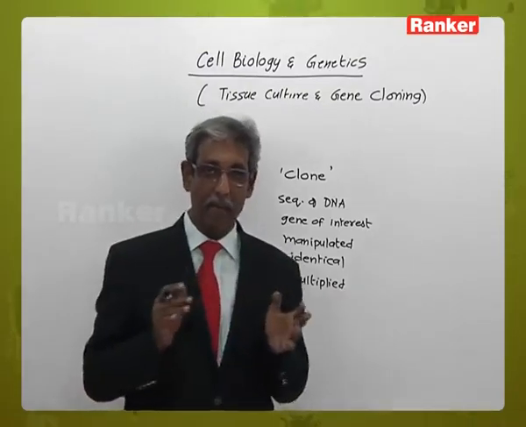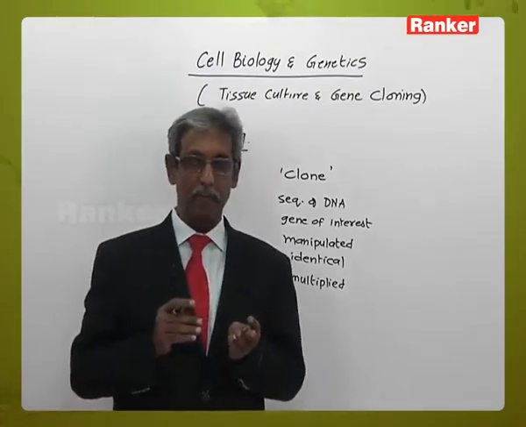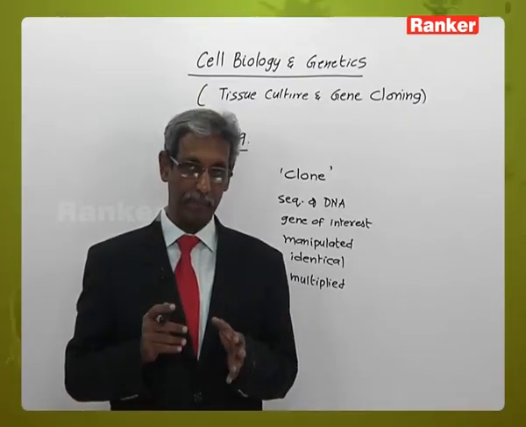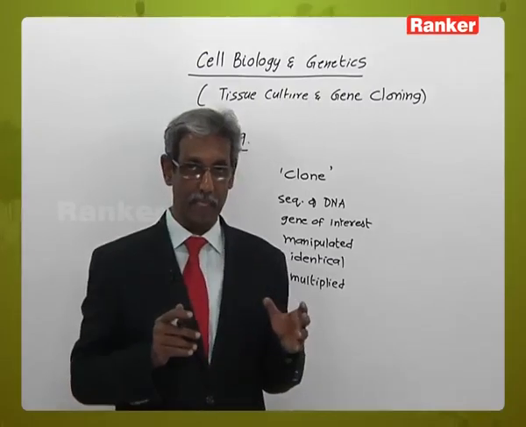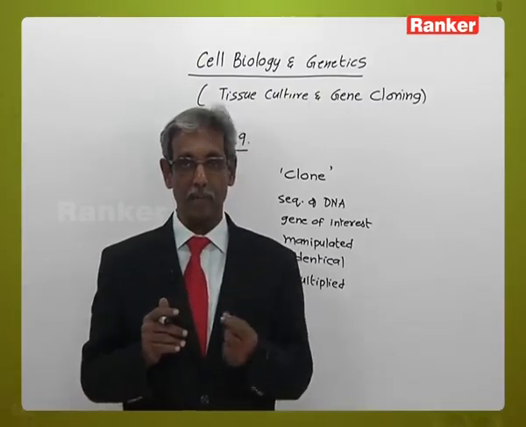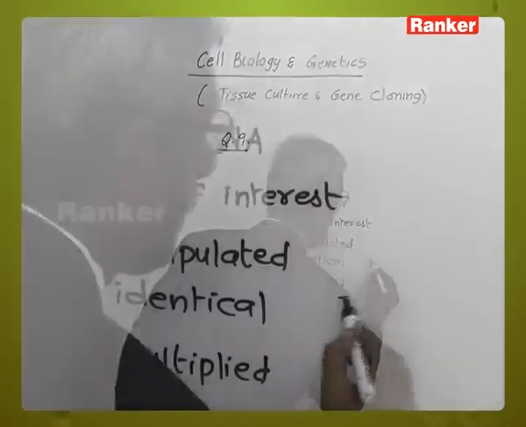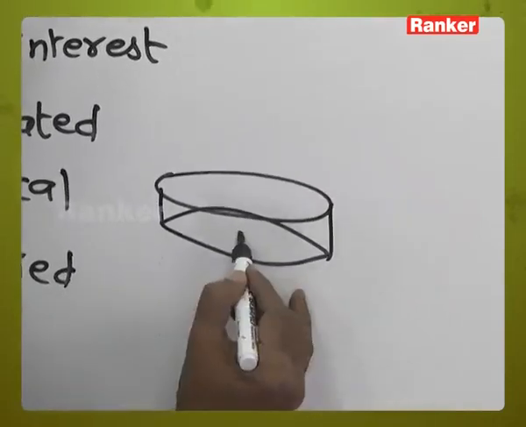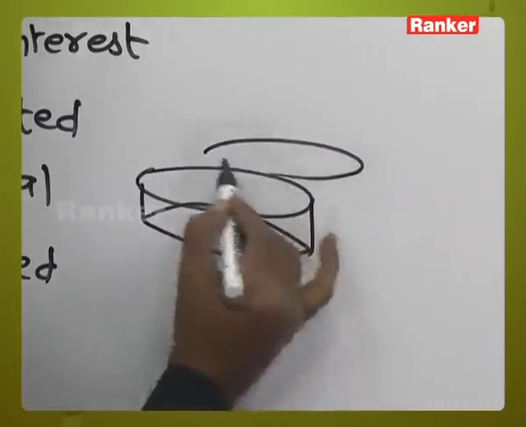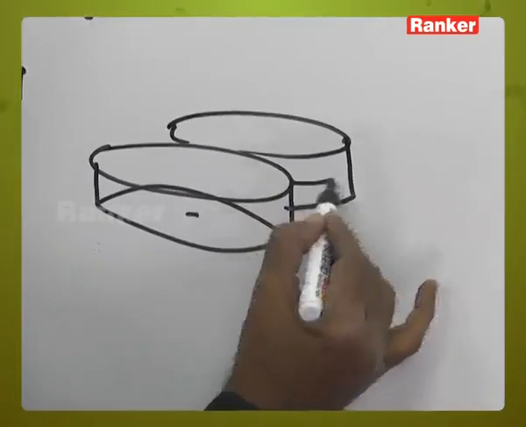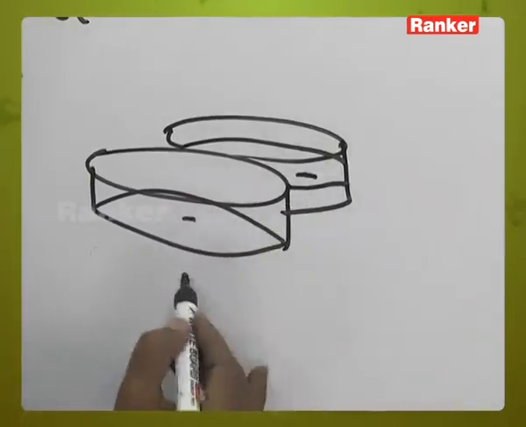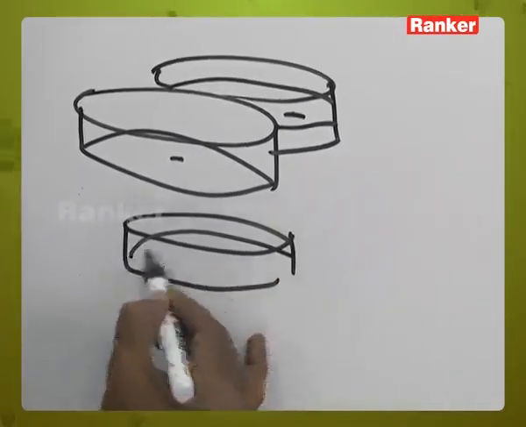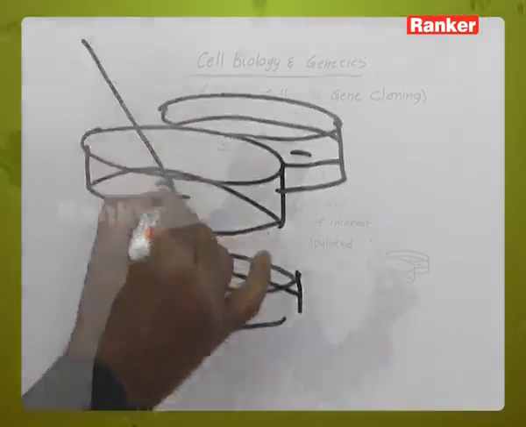Like if you take the alphabets from A to Z, if the genes of interest are, say, D, F, Z and Q, we isolate those particular sequences, and after you isolate them, you place them in Petri plates. These are your genes of interest.